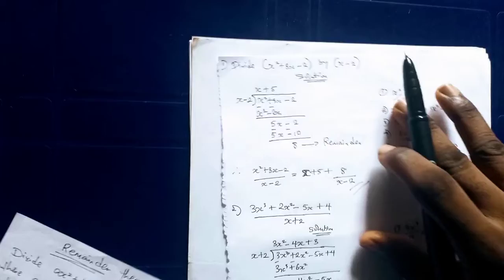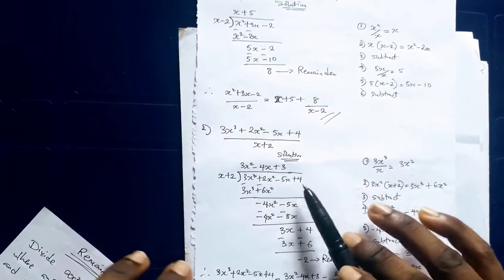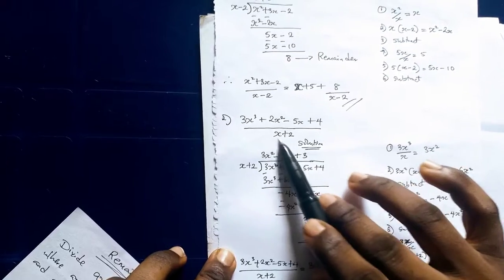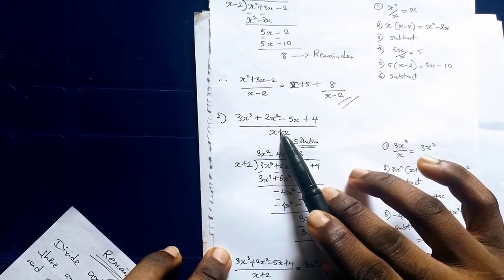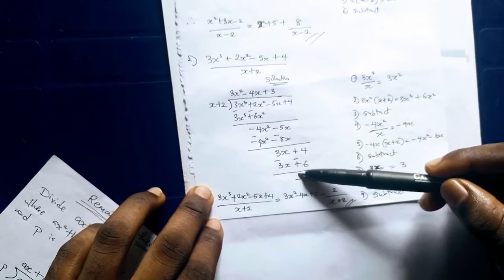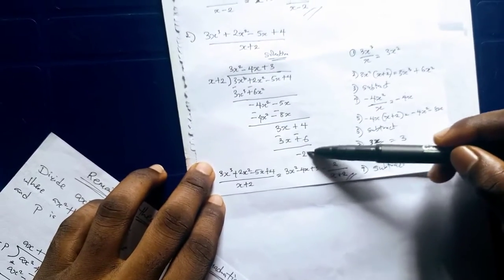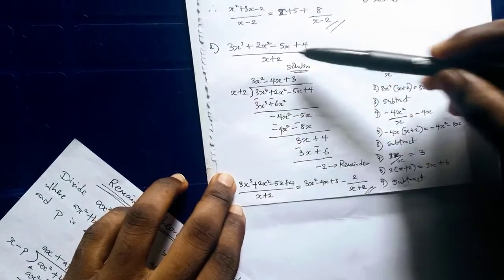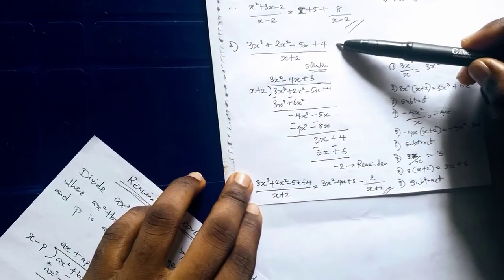And we can likewise do the same for a cubic. Now, this is a cubic expression being divided by x plus 2, then we can see that the remainder is negative 2. This shows that x plus 2 is not a factor of this equation.